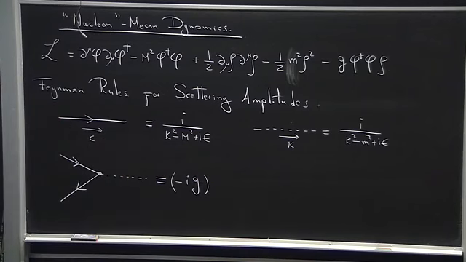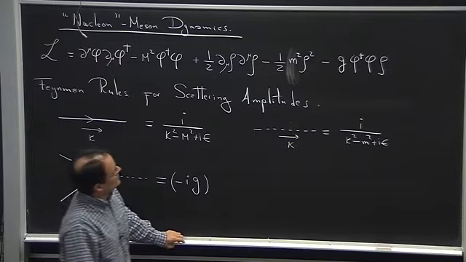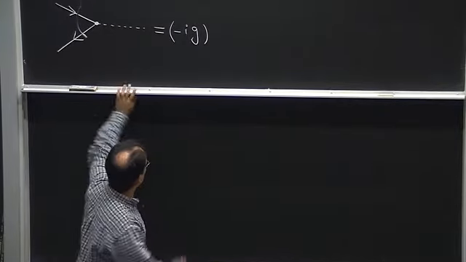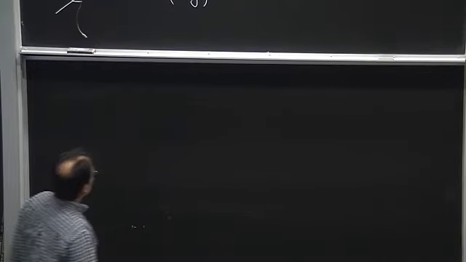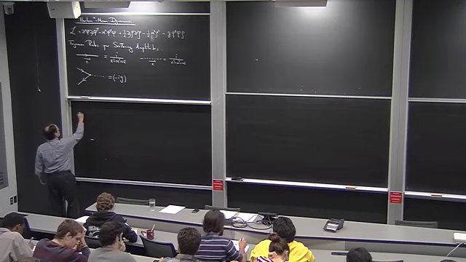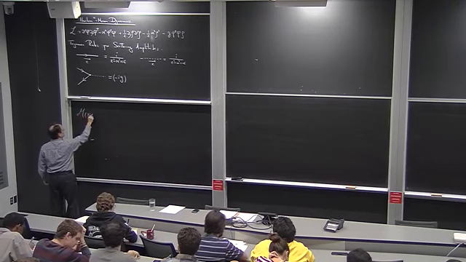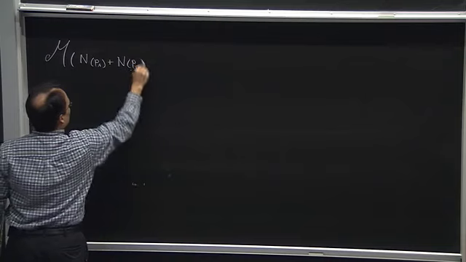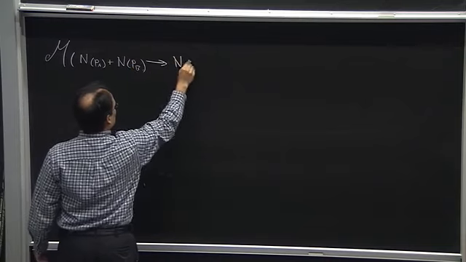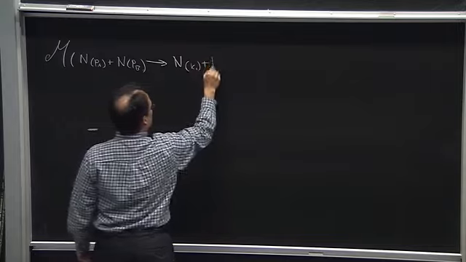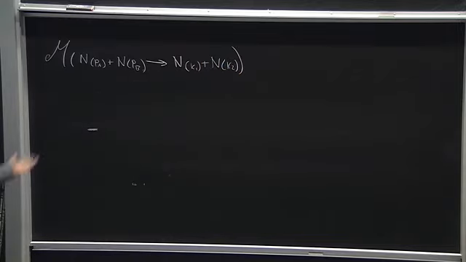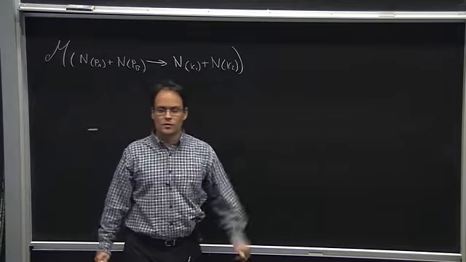Okay? Now, from the LSZ formula, we concluded that if you want to compute some scattering amplitude, like the scattering amplitude you were asked to compute today, okay? So what do we have to do with this?